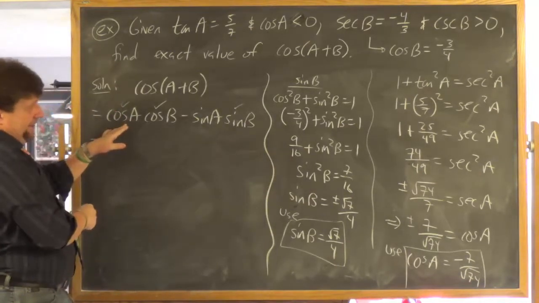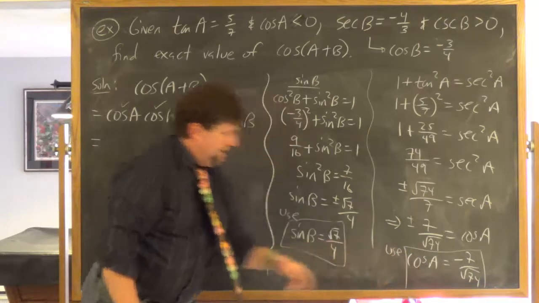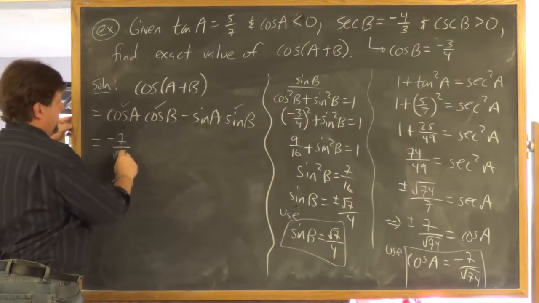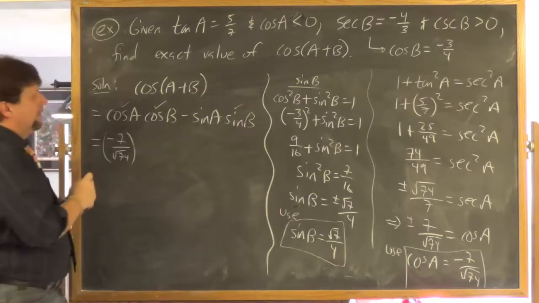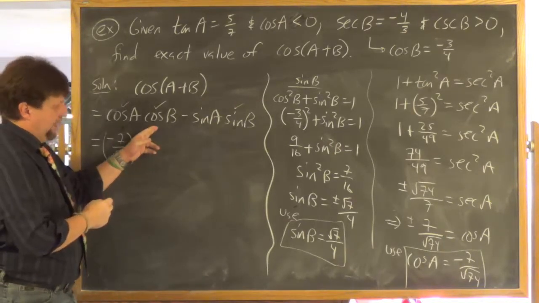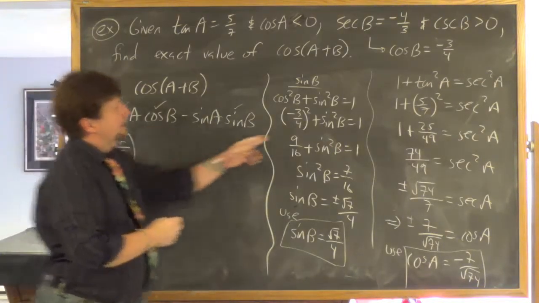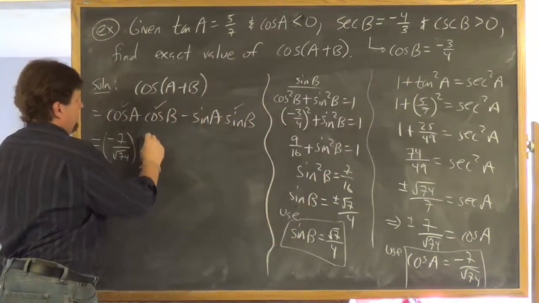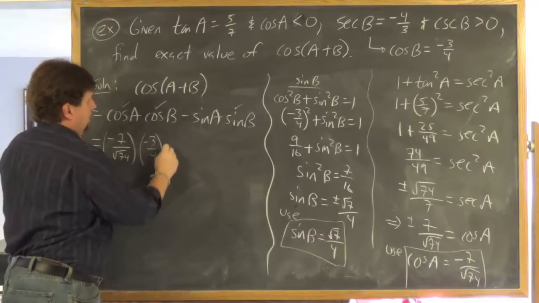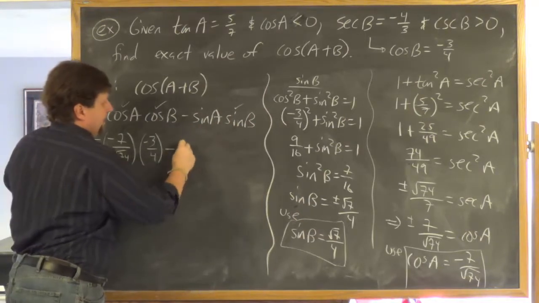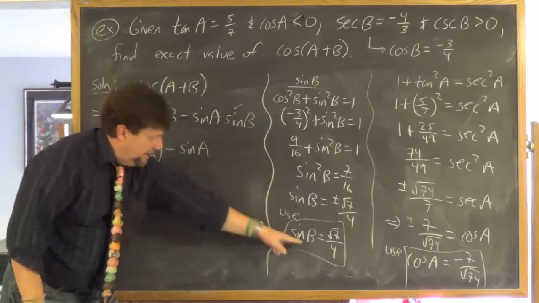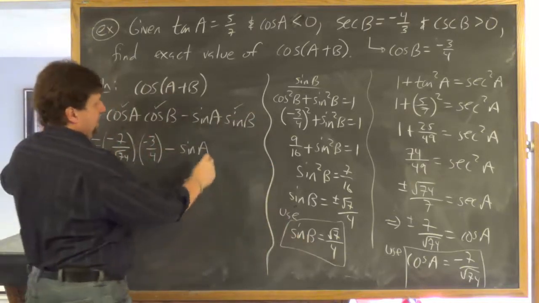I know cosine of A is negative 7 over square root 74. I know cosine of B is negative 3/4. That was the easy one. I don't know the sine of A, so let me just write sine of A down here. Sine of B is square root 7 over 4.